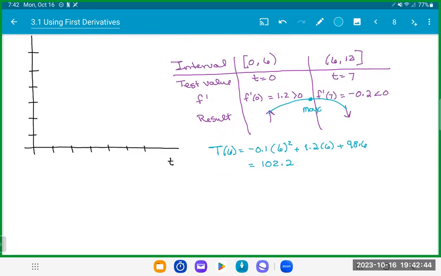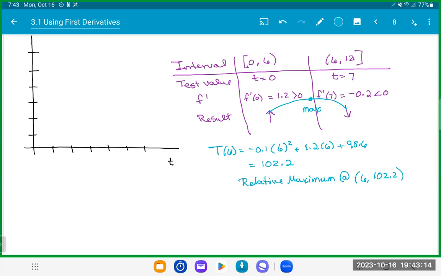So I have this relative maximum at the point 6, 102.2. What that's telling me is on the 6th day, I have my maximum amount of fever, which is 102.2 degrees when I have this intestinal illness.